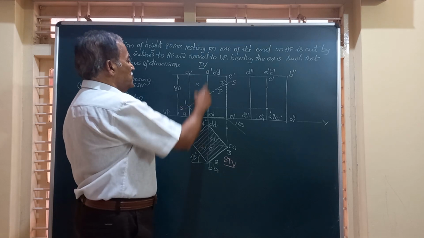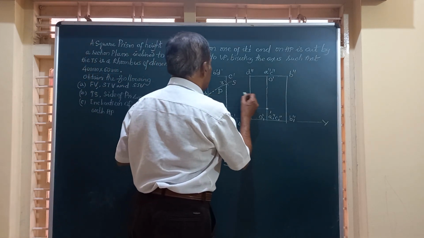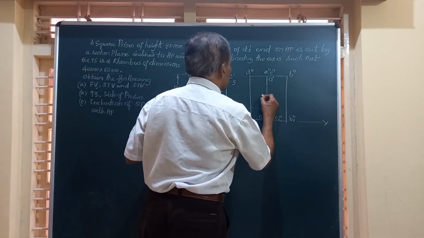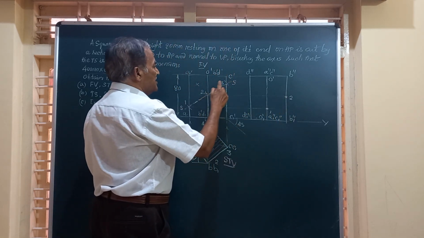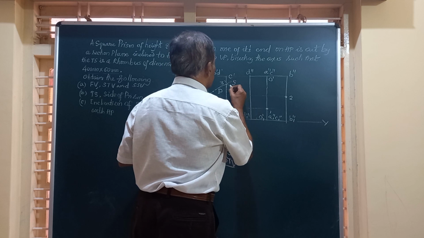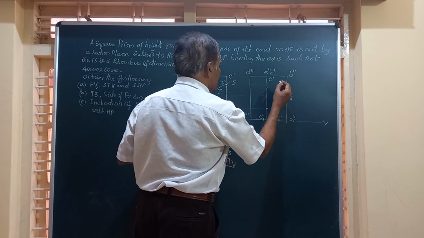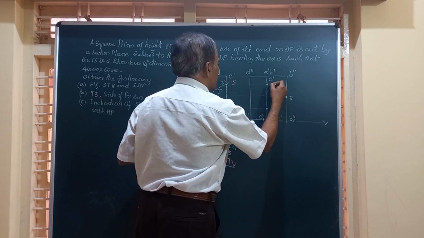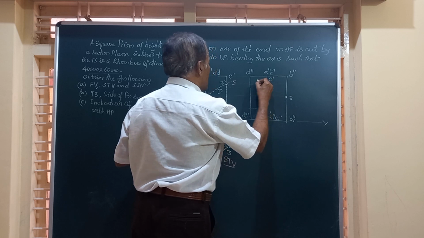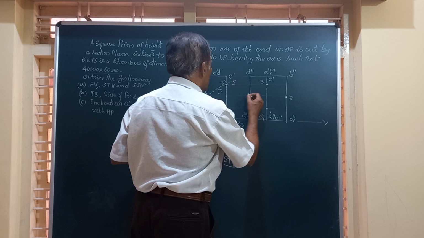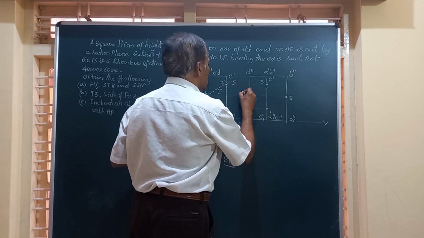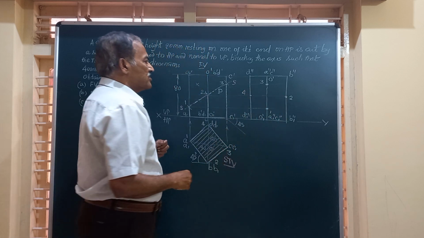Next, 2 is on BB1, exactly in the center. Then 3 is on CC1. A horizontal line here. This is going to be point 3. And finally, on DD1 you have point 4. So 2 and 4 will be on the same line.